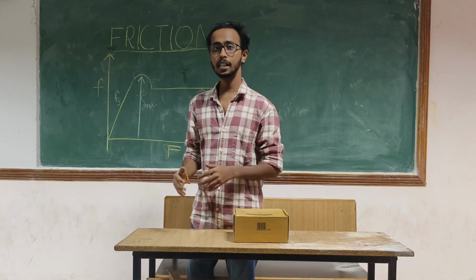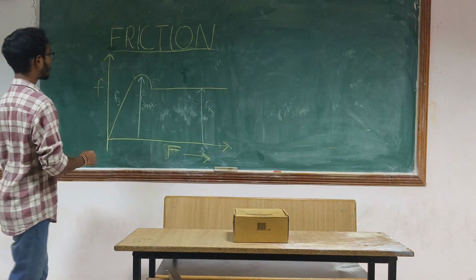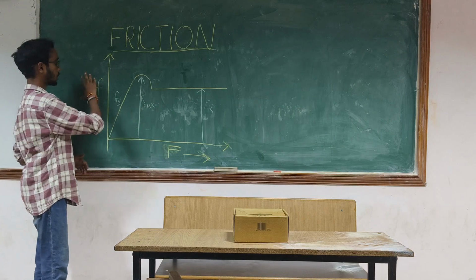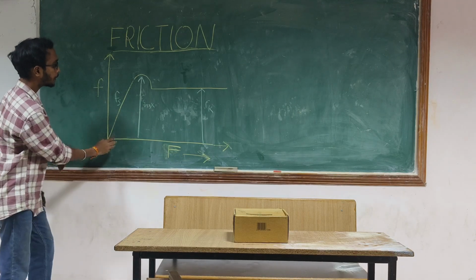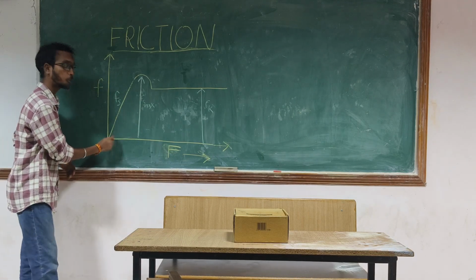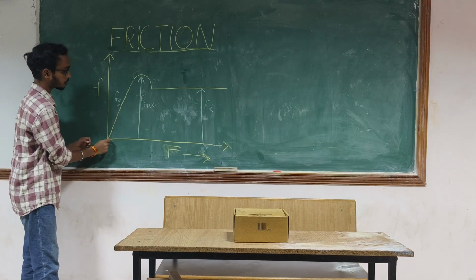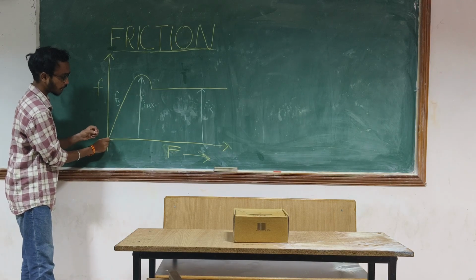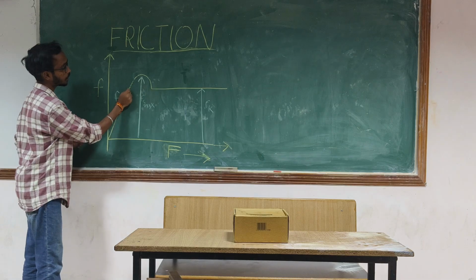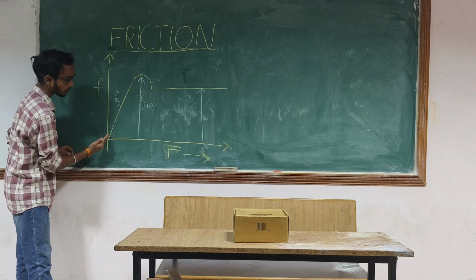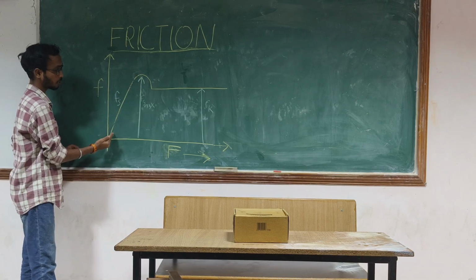Okay, now let's understand a plot between force applied and friction. In the beginning, when the body is trying to move and we apply a starting force, the friction keeps on increasing. This straight line represents the body being at rest.